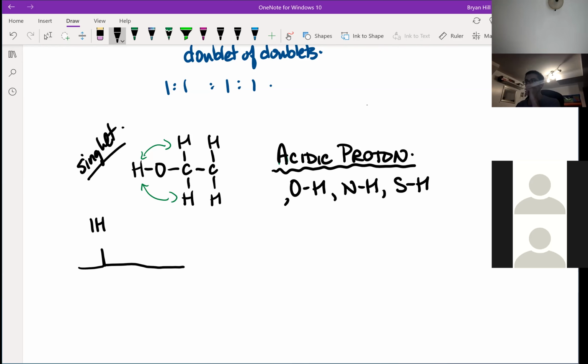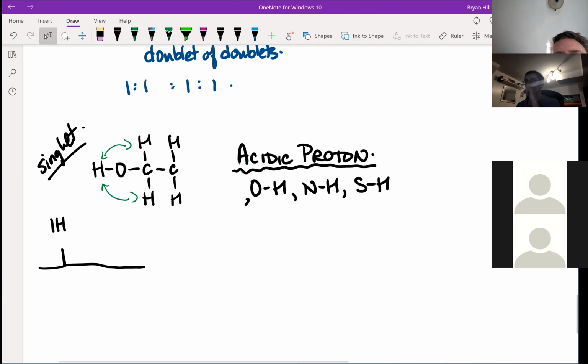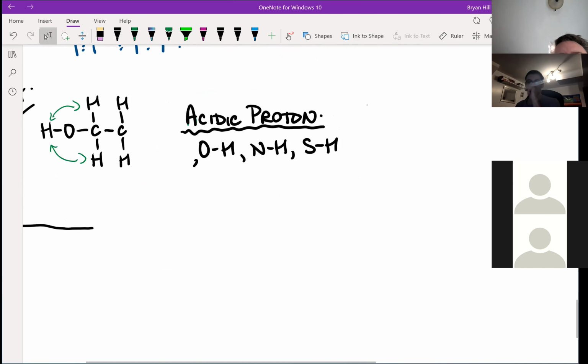There's a trick you can do, a common experiment in NMR called D2O exchange. So let's pretend that we've got ethanol. Let's use that as our spectra.